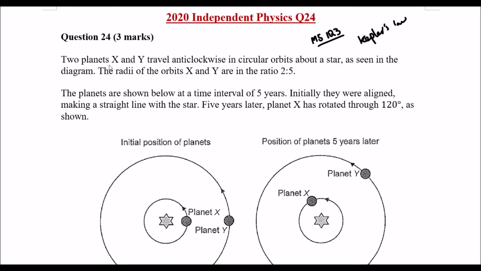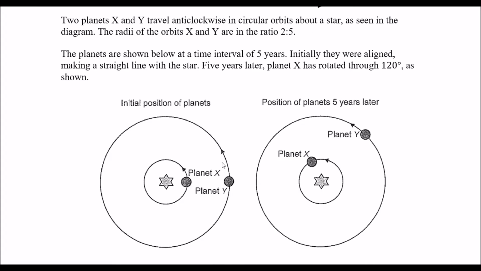We have two planets, X and Y, that travel anti-clockwise. So we can see them moving in the anti-clockwise direction, like so, in circular orbits about a star, as seen in the diagram. The radii of the orbits of X and Y are in the ratio of 2 to 5.